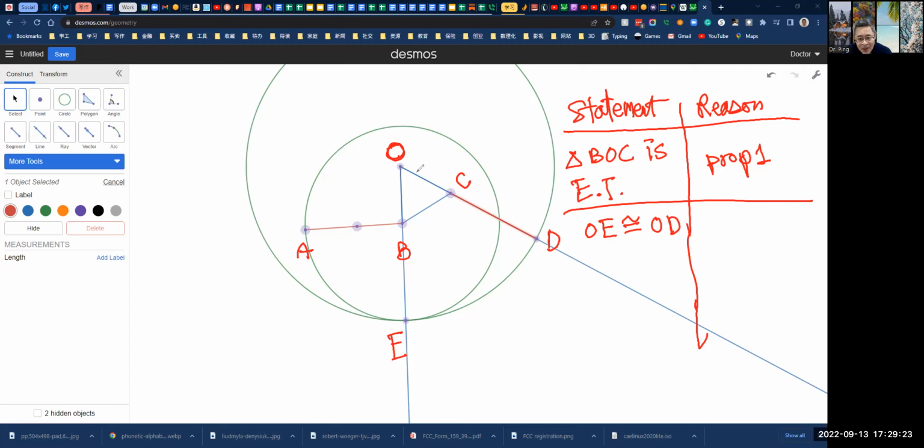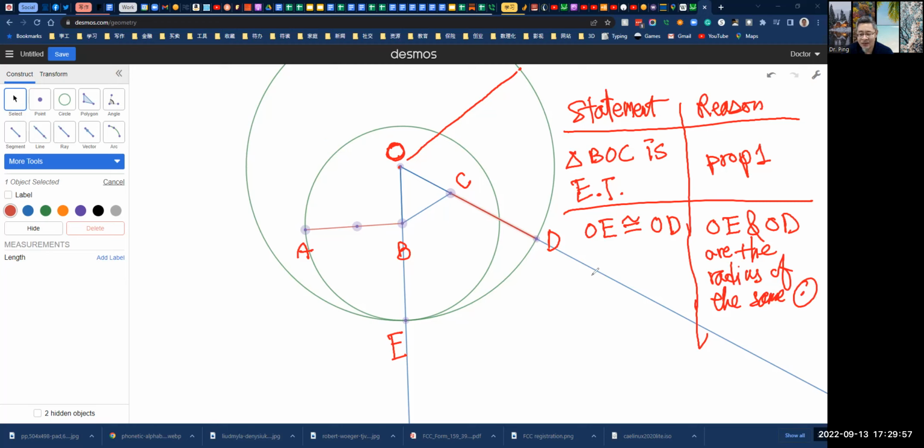For a circle, the distance from the center to any point anywhere on the circle is always constant. So the radius is constant. So OE and OD basically are the radii of the circle. So OE and OD are the radii of the same circle. So therefore, they are the same.